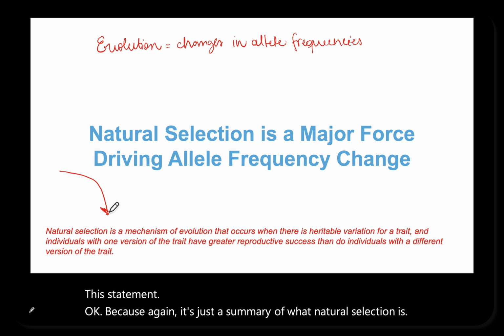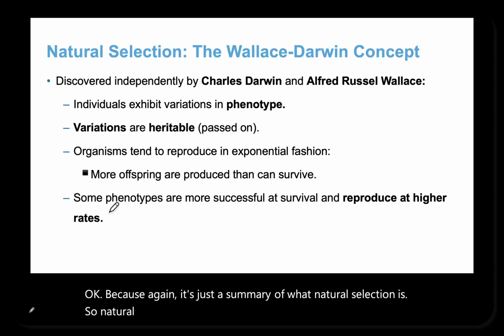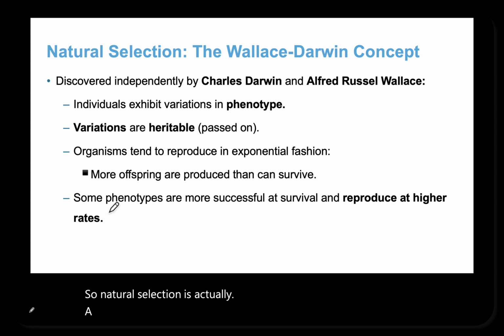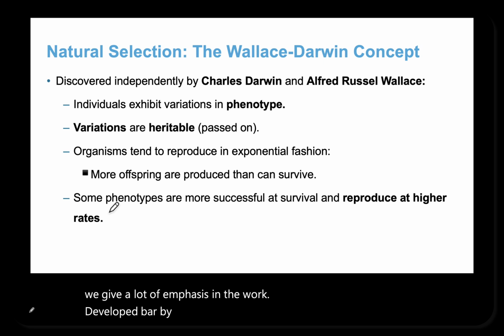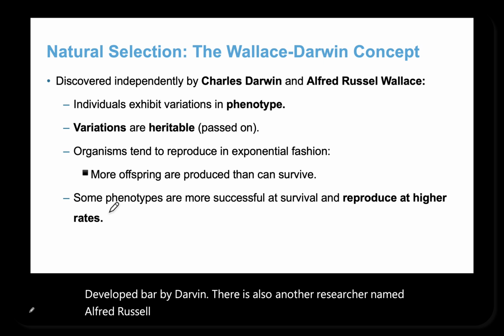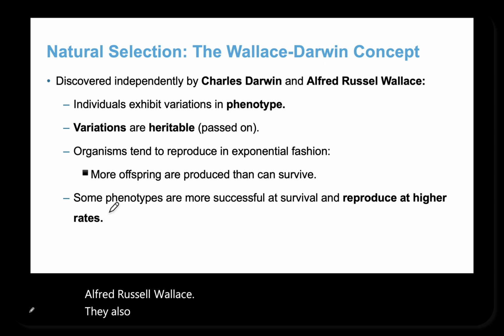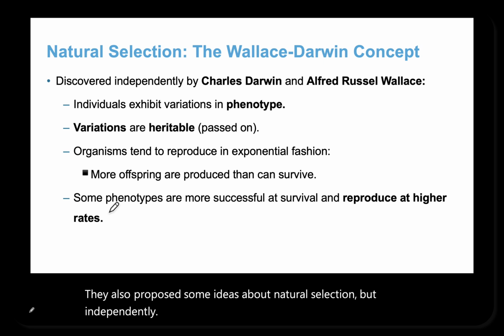So natural selection is actually a mechanism, a theory for how evolution occurs. And even though we give a lot of emphasis to the work developed by Darwin, there is also another researcher named Alfred Russel Wallace that also proposed some ideas about natural selection, but independently of Charles Darwin.